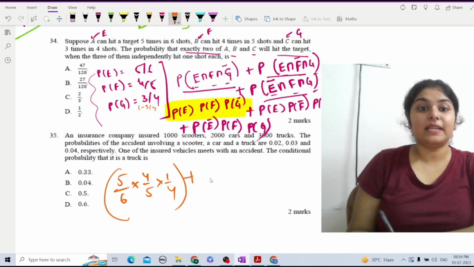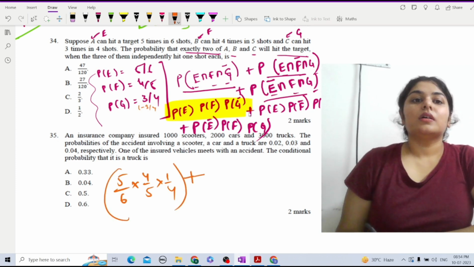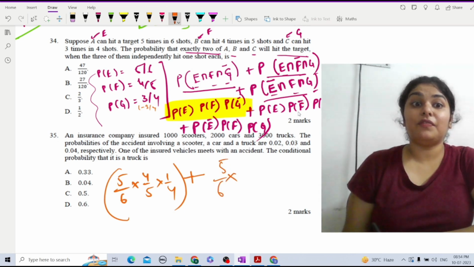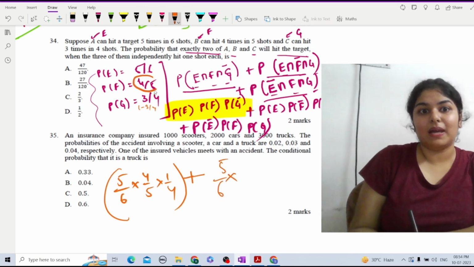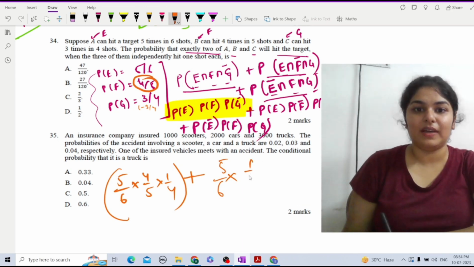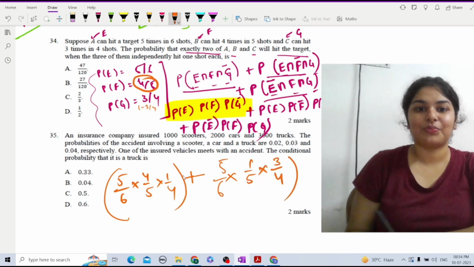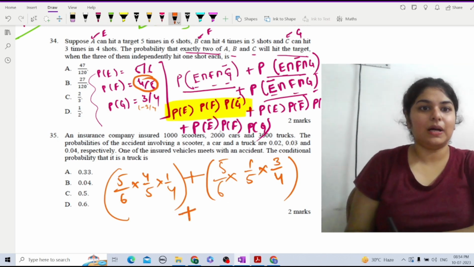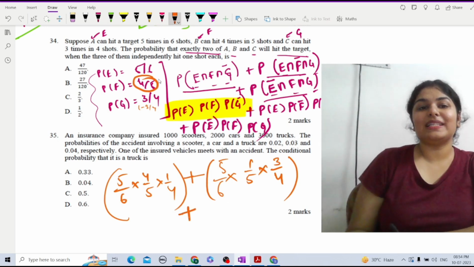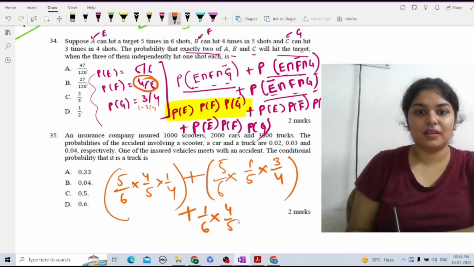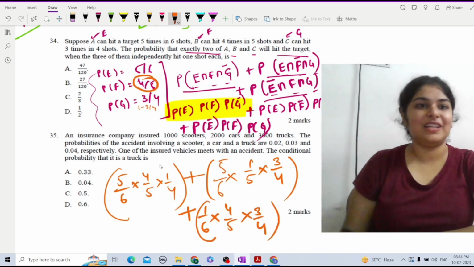Plus second part, probability of E is 5 by 6 into probability of F complement is again 1 minus 4 by 5 is 1 by 5 into probability of G is again 3 by 4. Plus the third part, probability of E complement is again 1 by 6 into 4 by 5 into 3 by 4. Now let us simplify and find our answer.